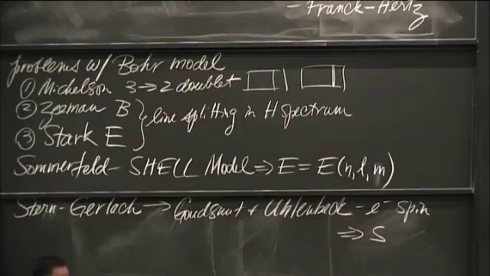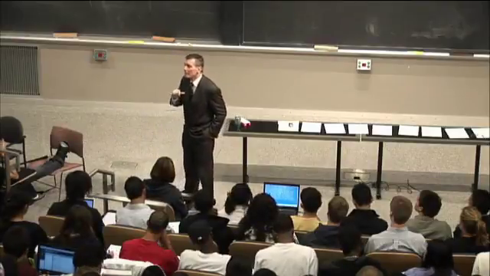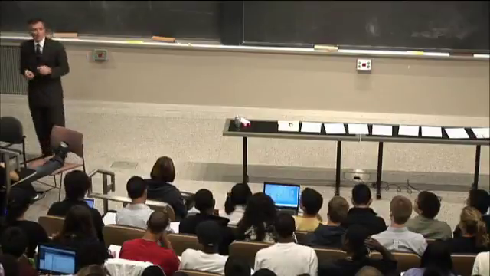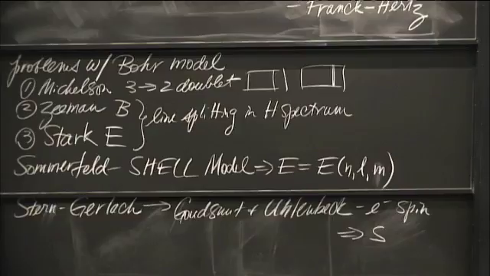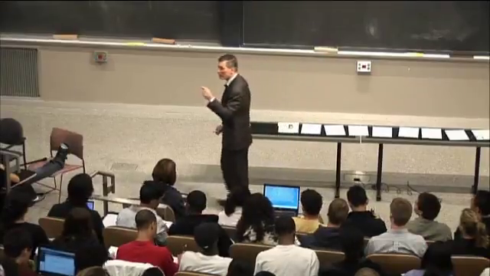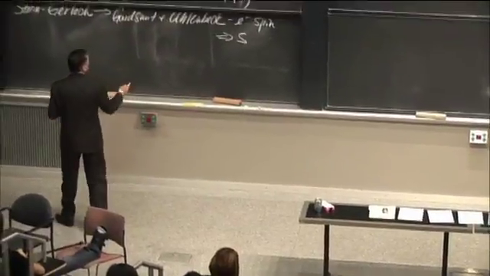Sommerfeld in 1916 put a patch on the Bohr model and proposed that the electron moves not only in circular orbit but also in elliptical orbits. And there's a plurality of these orbits, but overall, the distance from the nucleus to the electron orbits is more or less given by the principal quantum number n, and the degree of eccentricity is tiny, but more or less described by n.